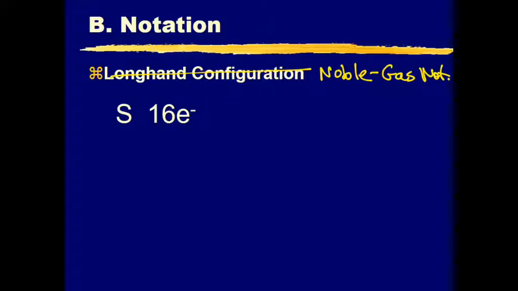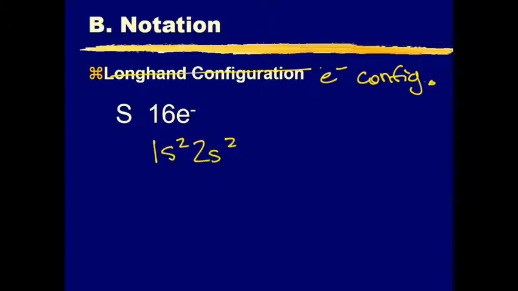So let me at least erase what I just put right there. So electron configuration. And this is what we had for sulfur. And now we're going to go to noble gas notation.